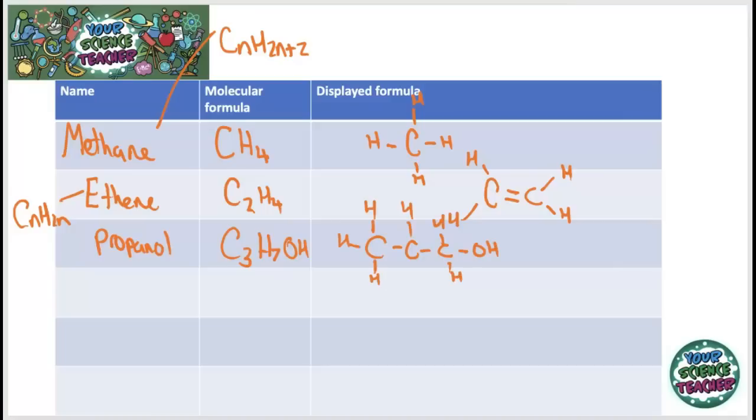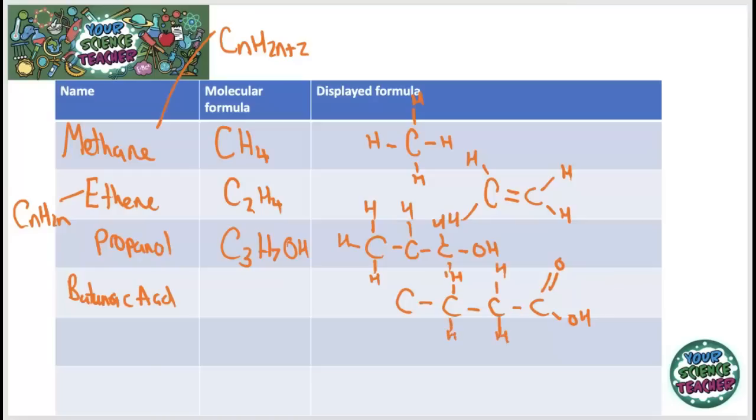Now, another example of a functional group is carboxylic acids that you need to know about, and I'm going to choose butanoic acid as my example. And if you get an example like butanoic acid, it's probably easier to draw the displayed formula before working out its molecular formula. So if I draw out my 4 carbons, there we go, and I put on my double bond OH functional group there, and now I draw my hydrogens in.